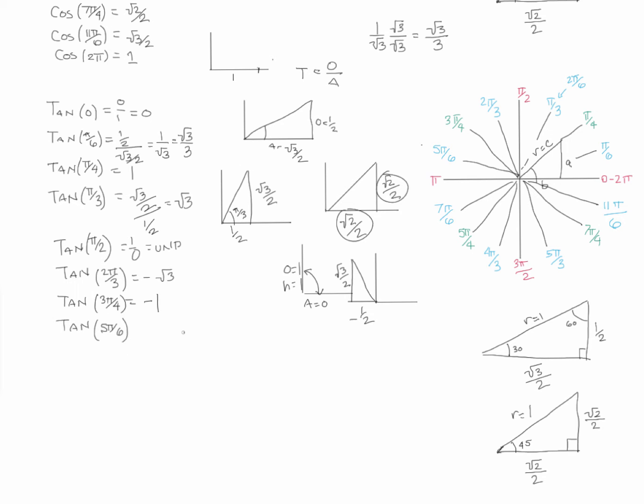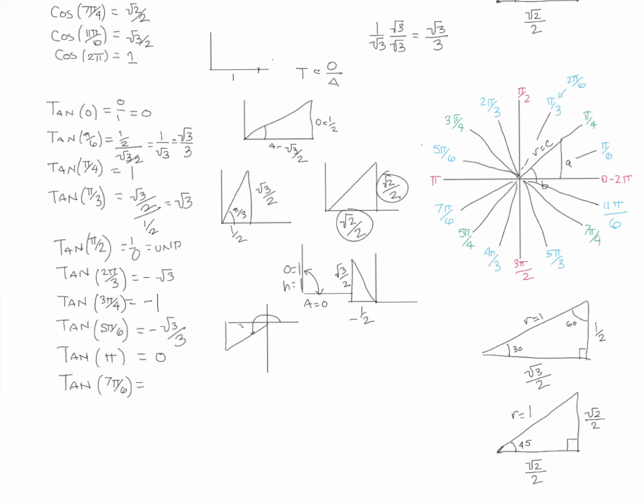The tangent of 5 pi over 6, similarly, is going to be negative root of 3 over 3. And the tangent of pi, 180, is going to be 0, for the same reason tangent of 0 is 0. Tangent of 7 pi over 6 is root of 3 over 3. Let me show you.